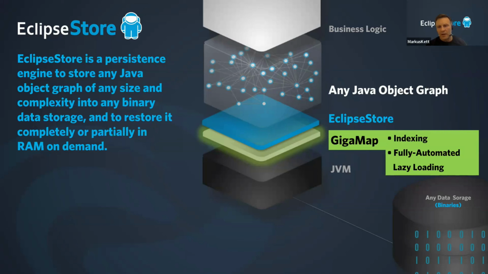Then you get an extremely powerful feature for working with EclipseStore on really big data sets, and you don't have to search and filter through the whole database. You can use this off-heap bitmap index concept, which is extremely fast. You'll be able to search billions of objects in just milliseconds. This is really a great feature.